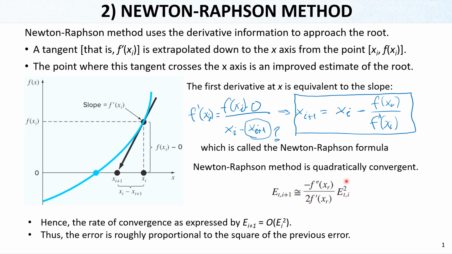There is a square over here. It means quadratic error decrease, and that's why we can represent the error as e squared, and the error is roughly proportional to the square of the previous error. So you can see it is quadratically reducing in terms of error.